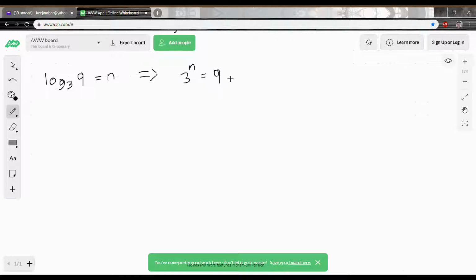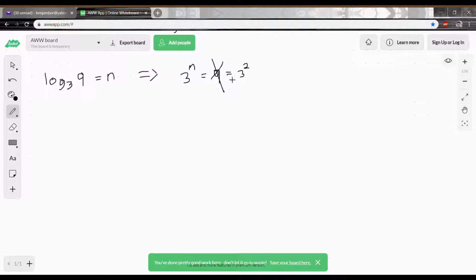Now that may not help us a lot, but the method we can use to solve for n is we can get similar bases, basically meaning we want the bases to be equal. And we can do that with 9 by simplifying it into 3 squared. So now we have that 3 to the n power is equal to 3 squared.